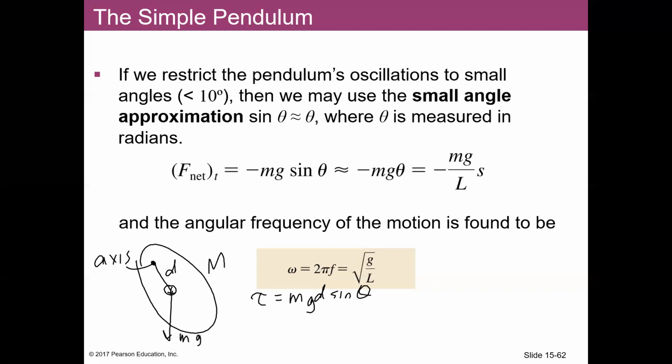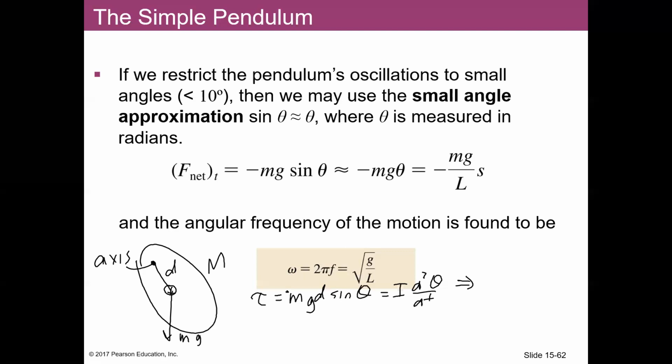And if you remember from chapter 12, this equals moment of inertia times alpha, which is d squared theta dt squared. So we're actually very close to our equation of second derivative proportional to the object. So once again, making that small angle approximation for theta less than or equal to 10 degrees, we once again arrive at our equation relating the second derivative to minus the value of theta.